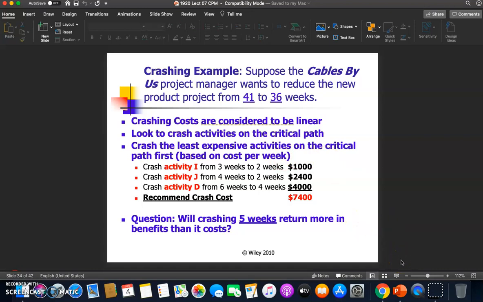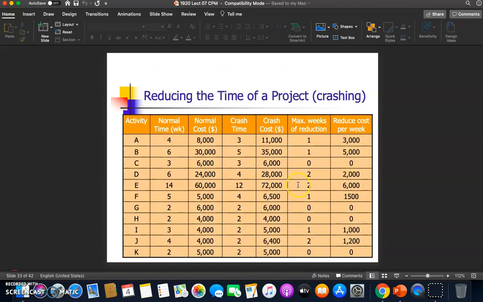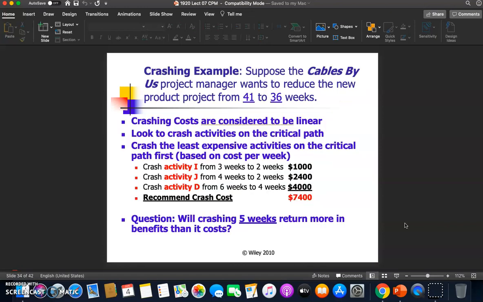So as we can see, if we want to plan how to crash some of these activities, please choose the least expensive one. So for example, crash activity I from 3 weeks to 2 weeks. It costs 1,000.